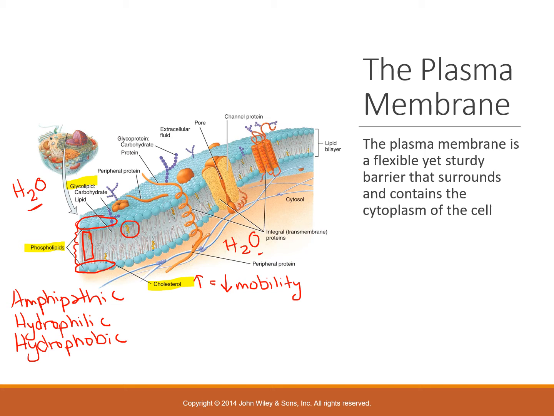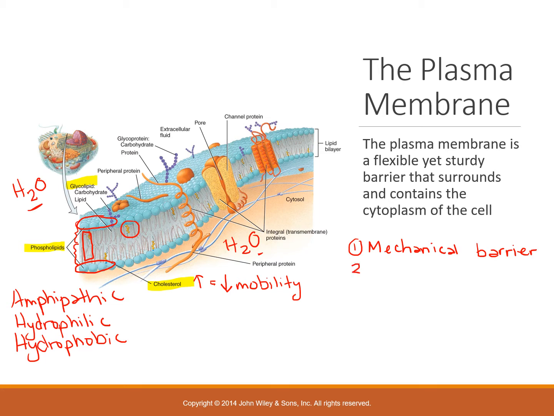There are 5 functions of the plasma membrane that I'll quickly go over. The first one is that it is a mechanical barrier. This is just a physical barrier that keeps things out.